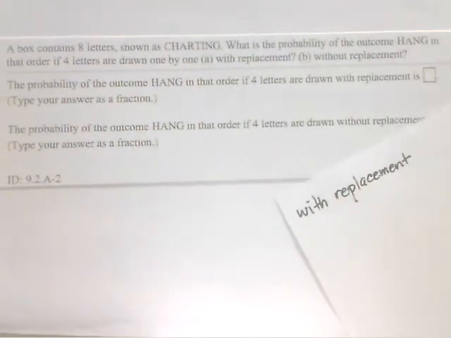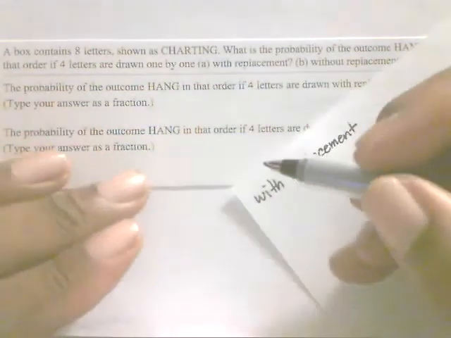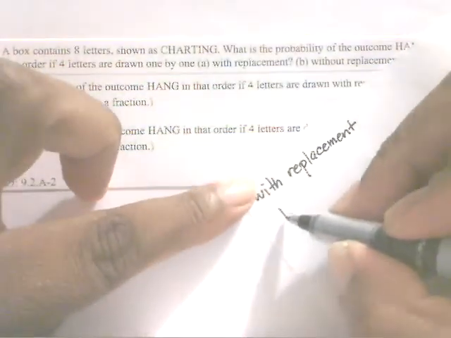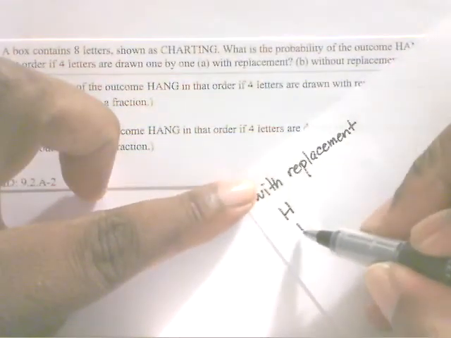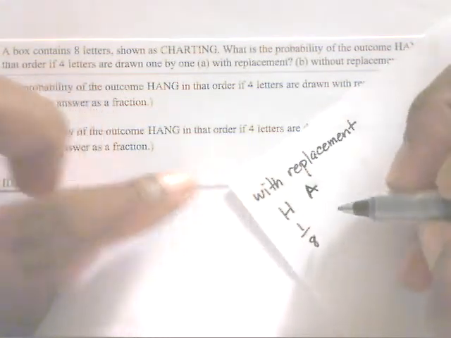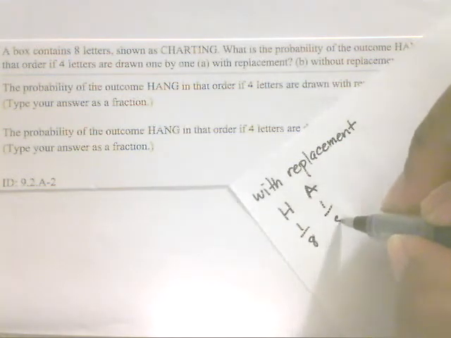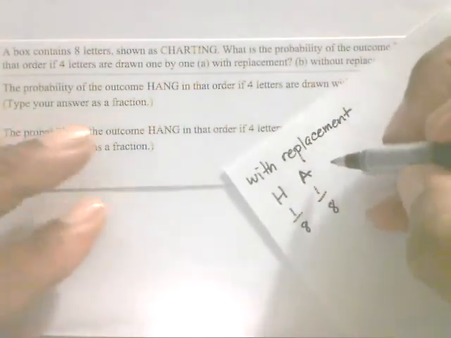With replacement means that the letter is going to be put back in the box on each subsequent draw. So if we want to pull out the H, its probability will be 1/8. Then the H goes back in the box, so the probability of drawing an A is again 1/8.